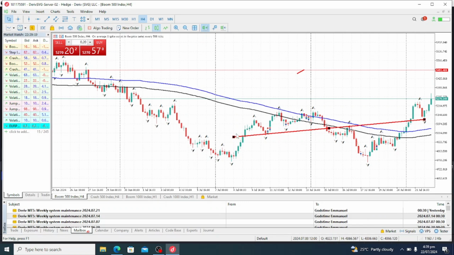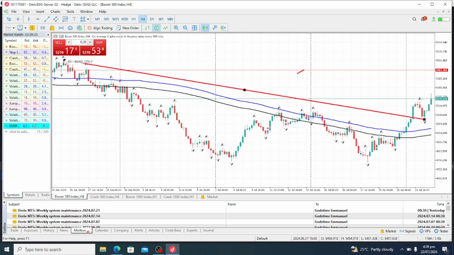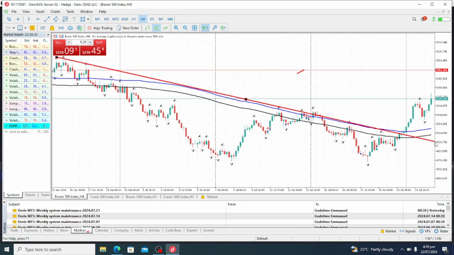So I'm drawing this trend from here. You can simply see one touch here, another here, we got one here and another here. So what you do is wait for the trend to be broken, and this was it.